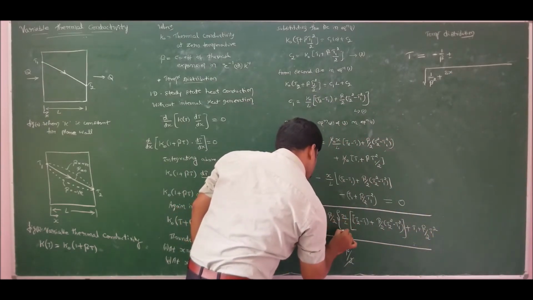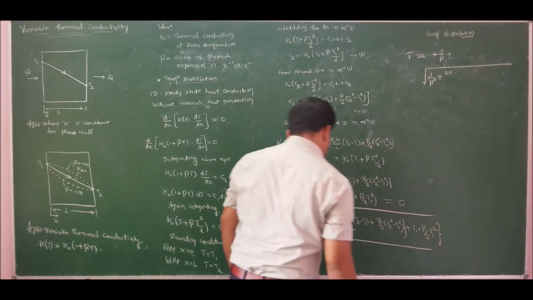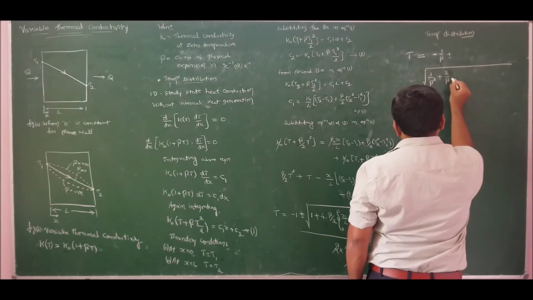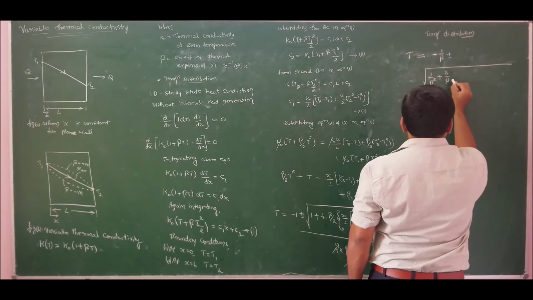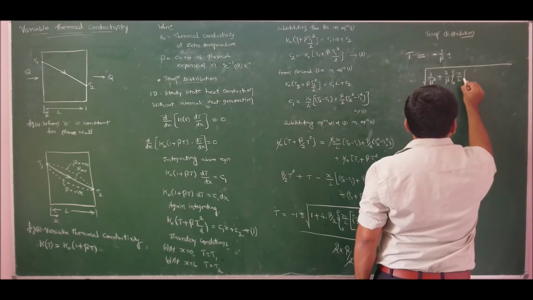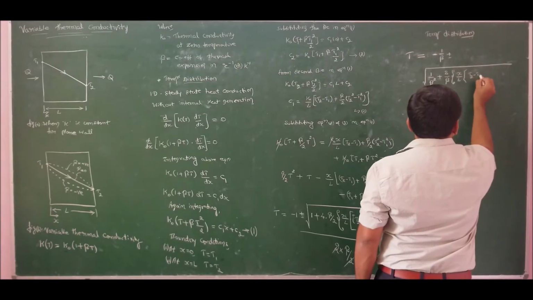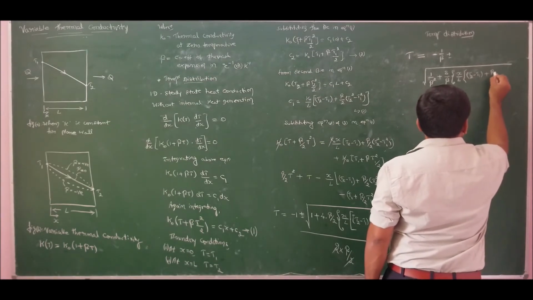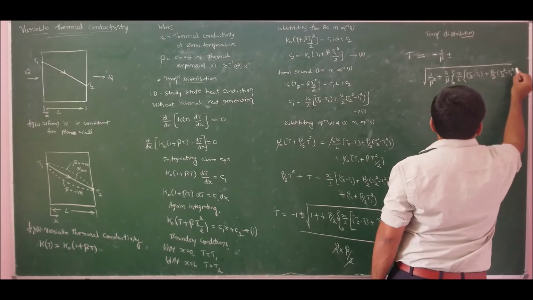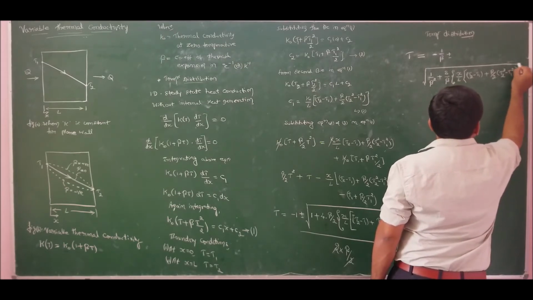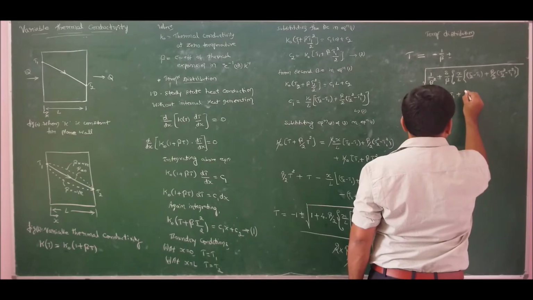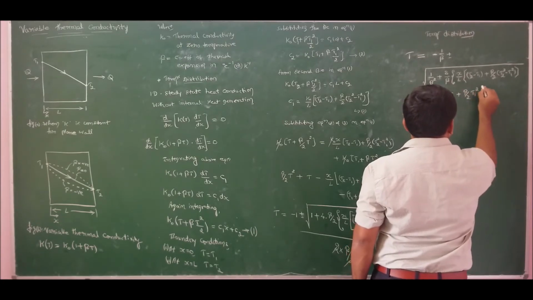So here also you should have the multiplication term. So therefore it will become 2 by beta, whole multiplied by x by L of T2 minus T1 plus beta by 2 of T2 square minus T1 square, plus T1 plus beta by 2 T1 square.